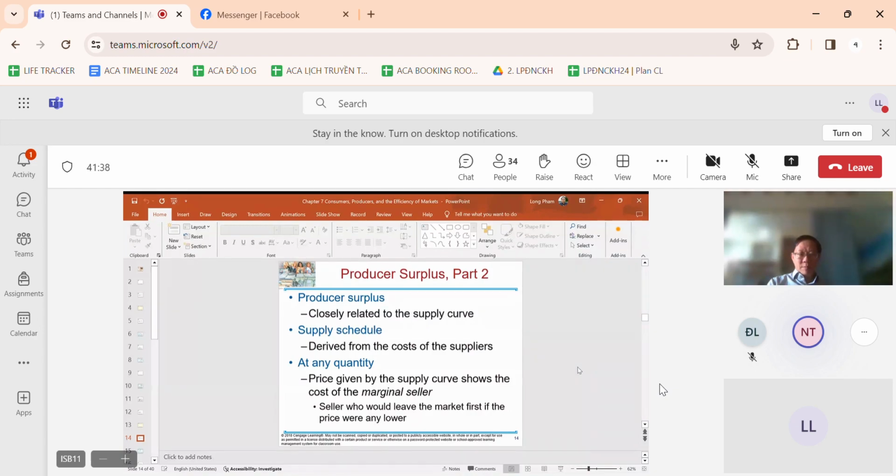And what is the marginal seller? It is the seller who would leave the market first if the price were any lower. And it measures the well-being of sellers. Okay, can you move to the next slide?